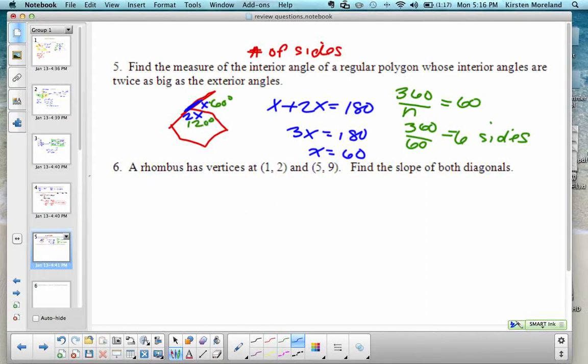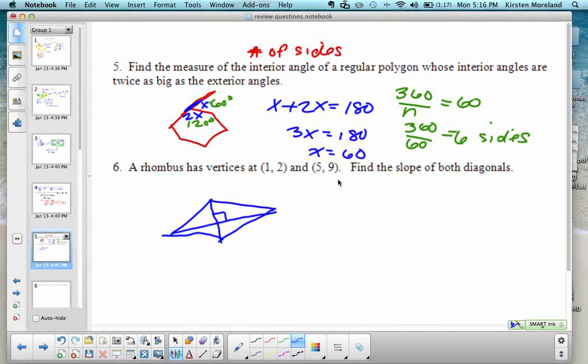Right, the next one says a rhombus has diagonal vertices 1, 2, and 5, 9. Find the slope of both diagonals. So if I draw a rhombus here to the best of my ability, there's my rhombus. I have one diagonal here, another diagonal here, and notice the diagonals of a rhombus meet at a 90.